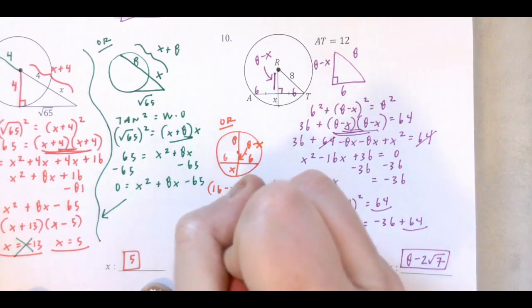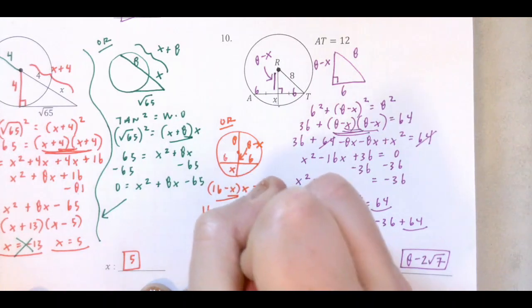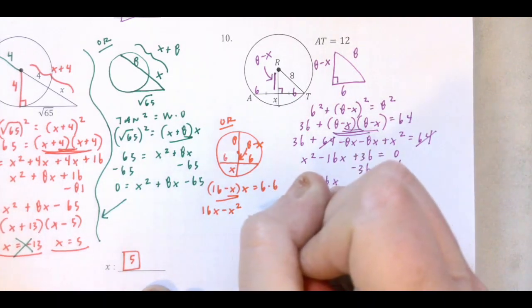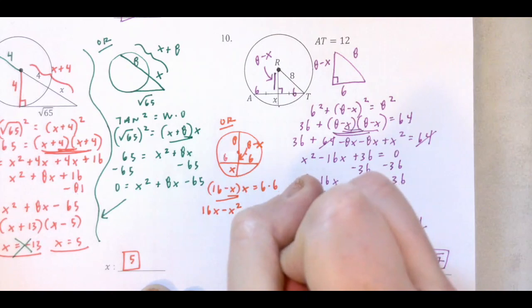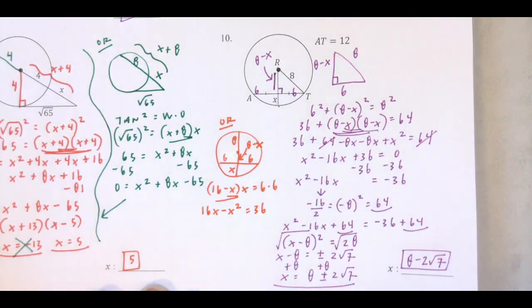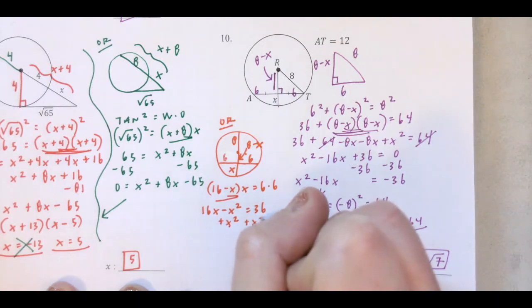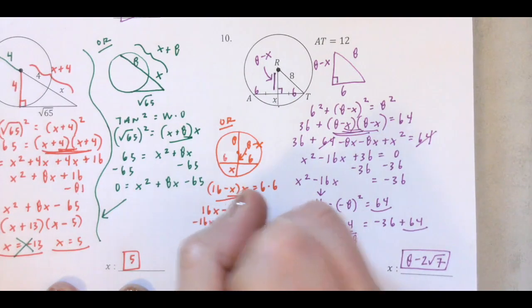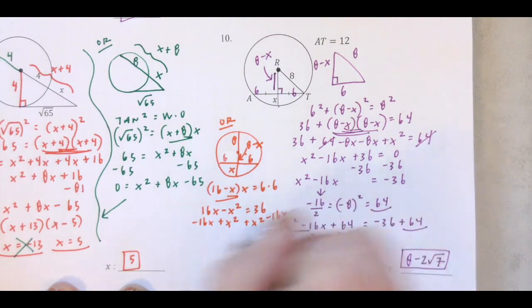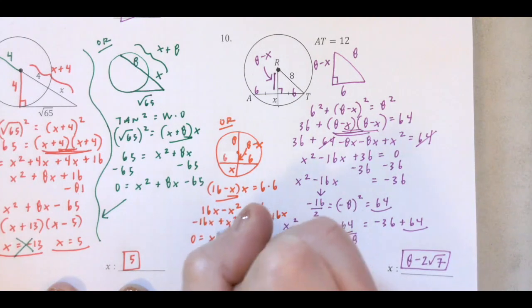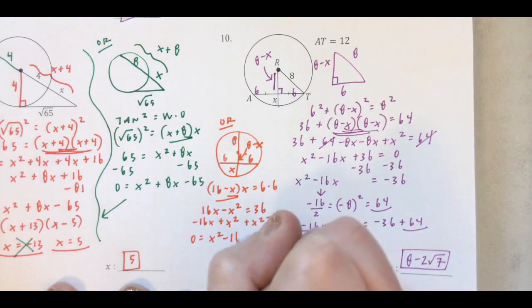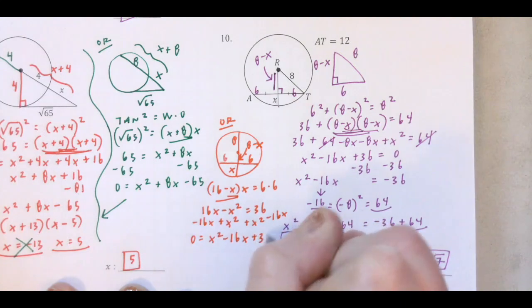Distribute. 16x minus x squared equals 36. Let's say we move everything to the right. I could add the x squared and take away the 16x. So 0 equals x squared minus 16x plus 36.